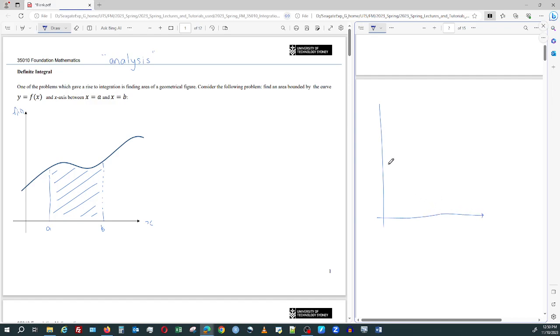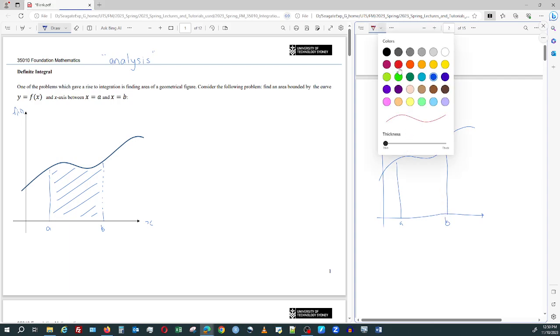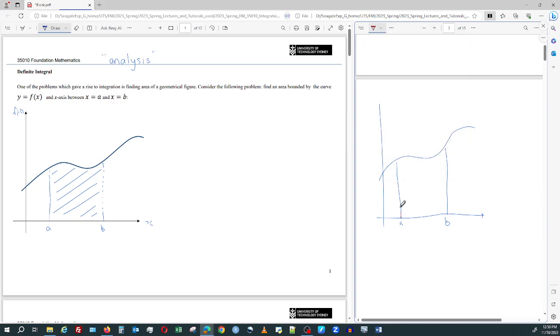Some of the ideas for estimation might be simply, in your a-b space, thinking about maybe we could just use a rectangle. Would that be okay? Let's just estimate this thing up to some certain value, and we've got a length and we've got a height.